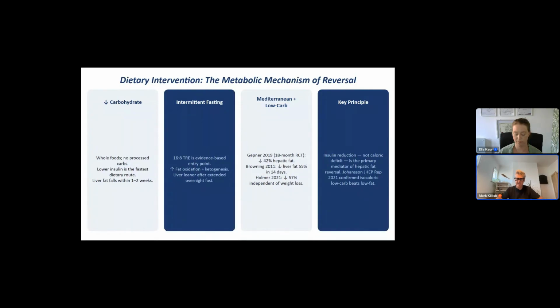So the liver begins to clear. The evidence for this is really consistent and compelling. There was a study by Browning in 2011, and he found a 58% liver fat reduction in 14 days on a very low carbohydrate diet versus 28% on a low calorie diet.